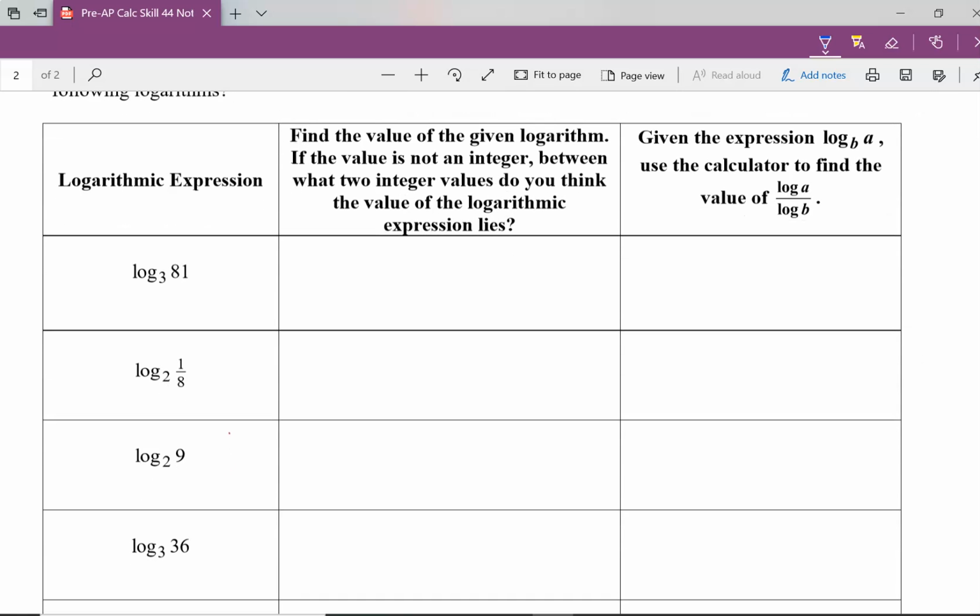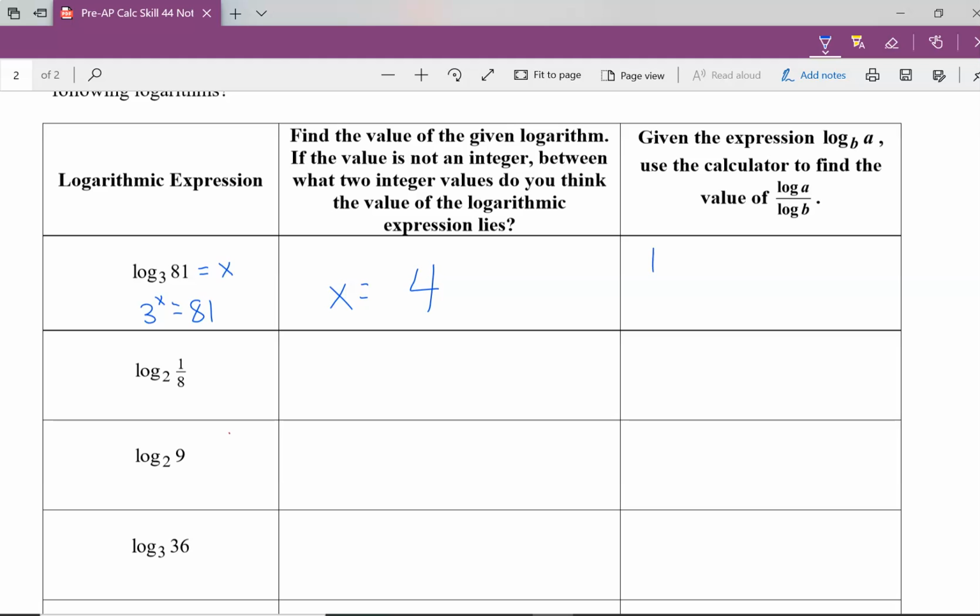Let's figure out between what integers, if it's not already an integer, the log expression will equal. So this is saying 3 to what exponent equals 81? In this case, that exponent would be 4. So x equals 4.